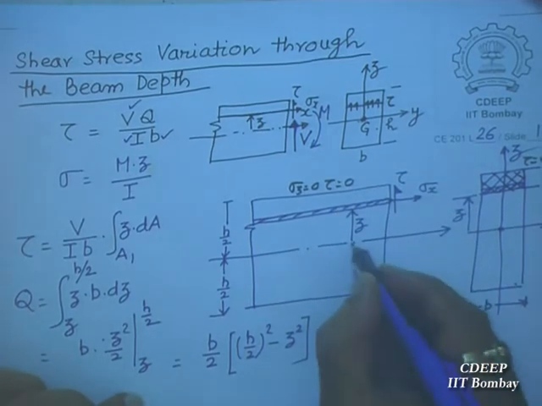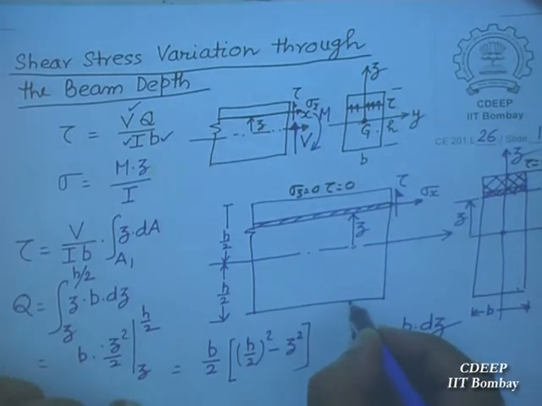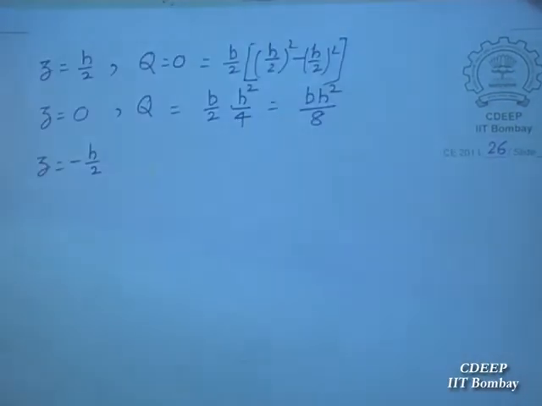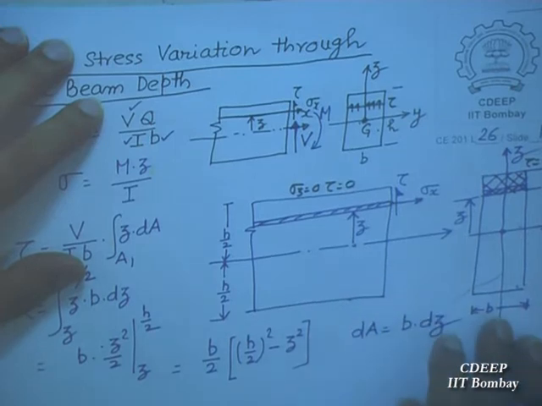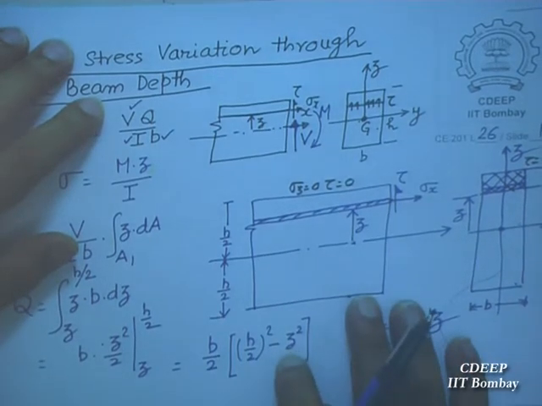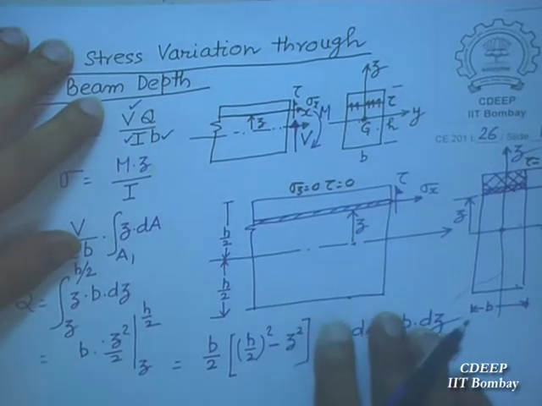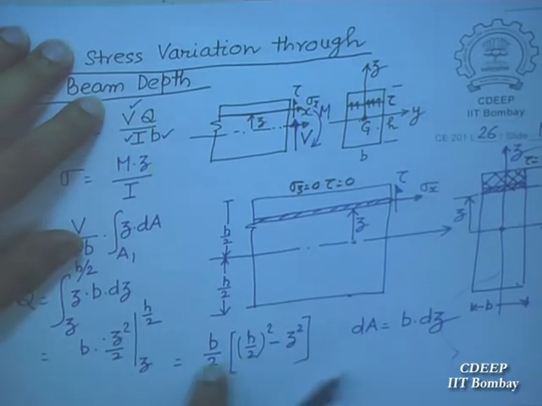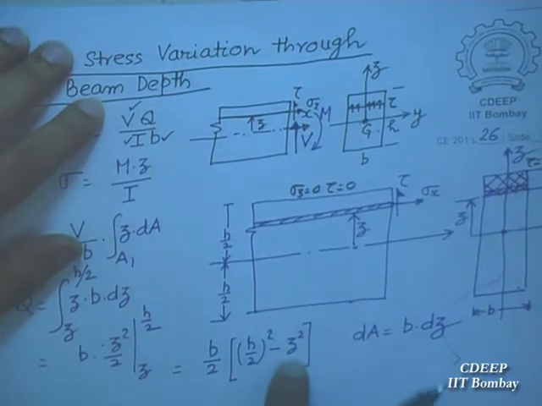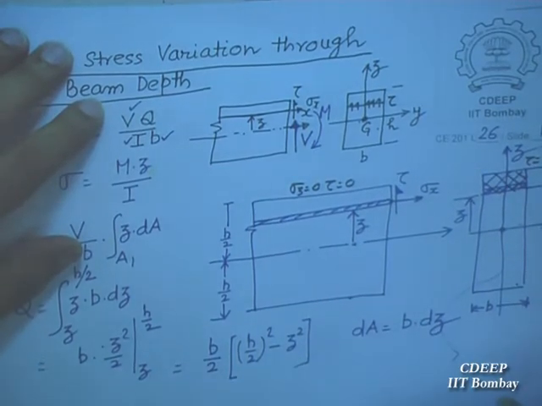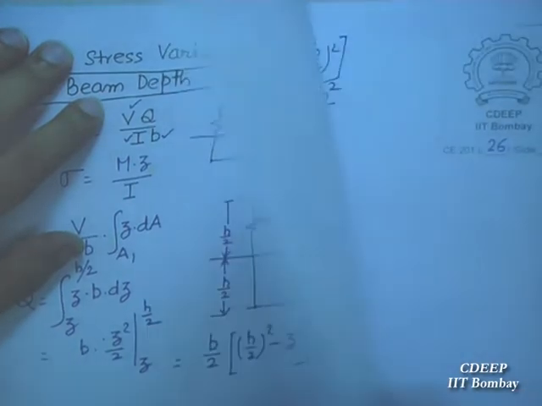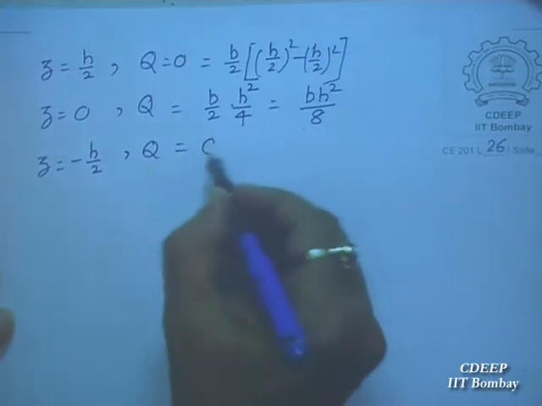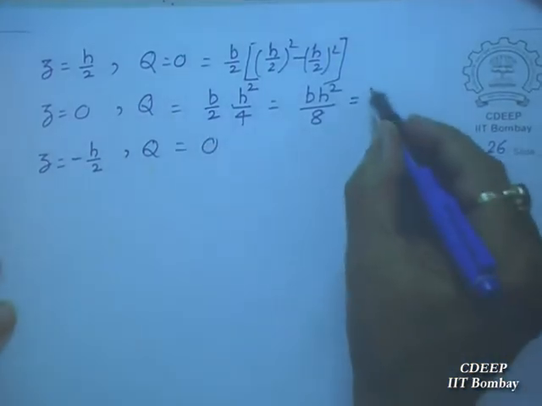We are changing the sign. When z equal to h by 2, then this quantity became 0. When z equal to 0, then it is b h square by 8. And when z equal to minus h by 2, again 0. Yes, very good. So Q equal to 0 at the top and bottom. So this value is maximum at the neutral axis.